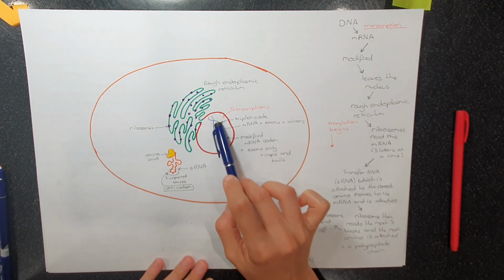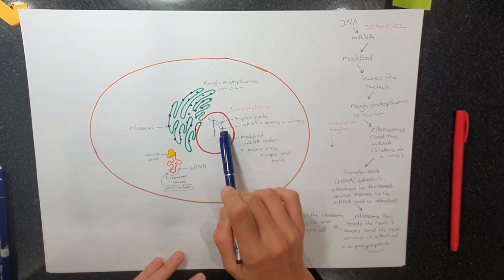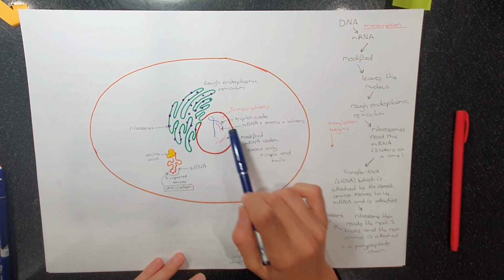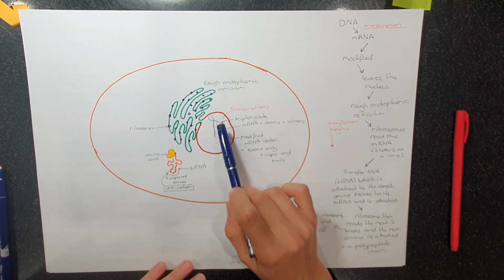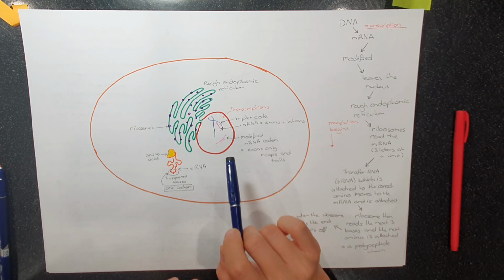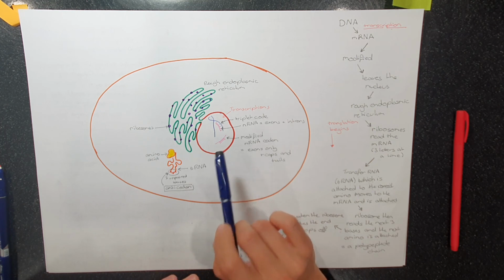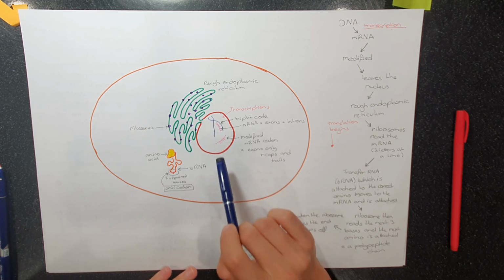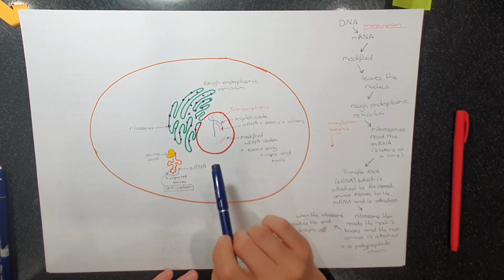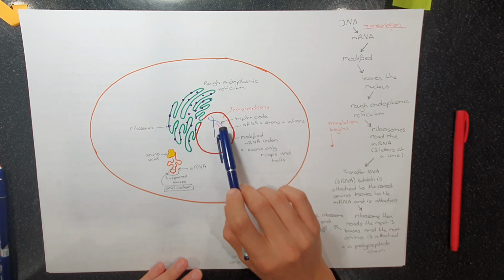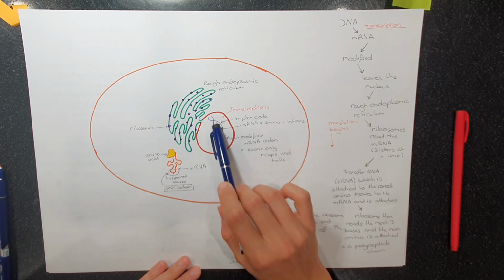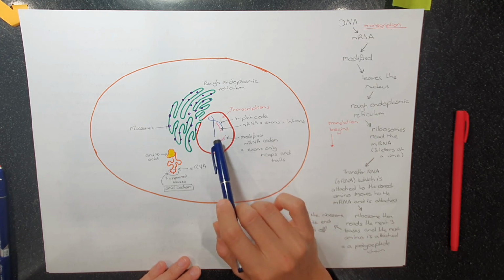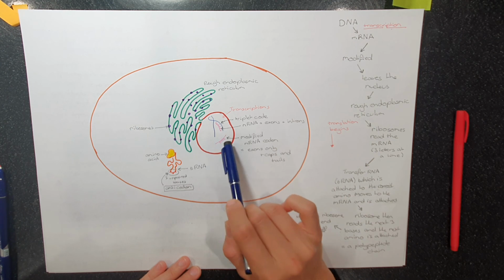The DNA unwinds and unzips, and the RNA polymerase reads the DNA and pairs up complementary bases, with the exception of thymine, no thymine in mRNA. Instead, uracil is connected to adenine.